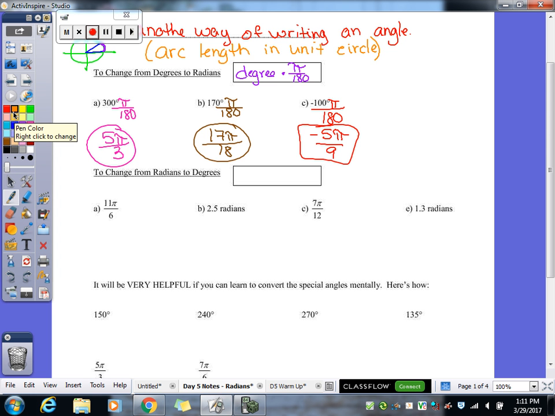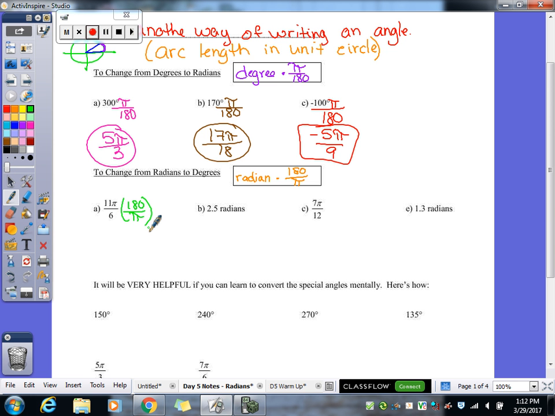So for our radians to degrees, you would do your radian times 180 over pi. So my letter A, I do 11 pi over 6 times 180 over pi.